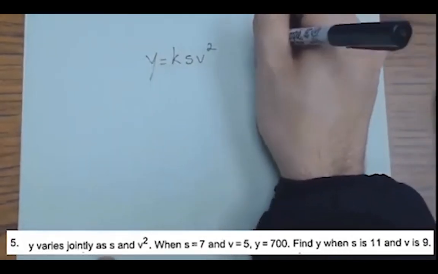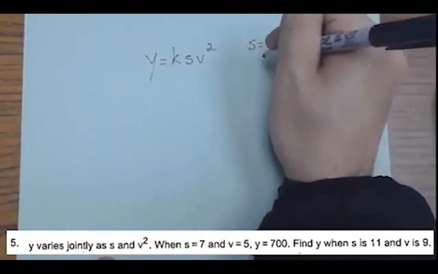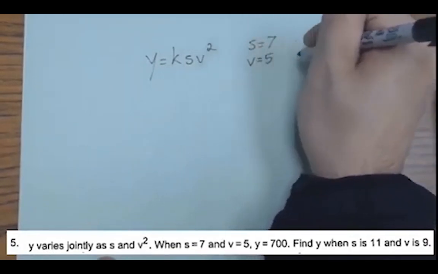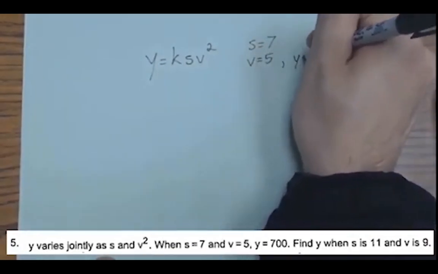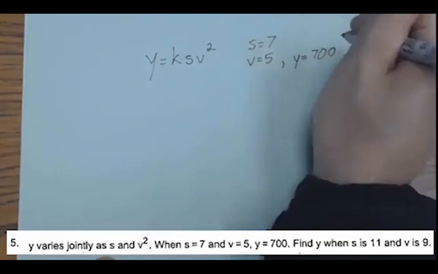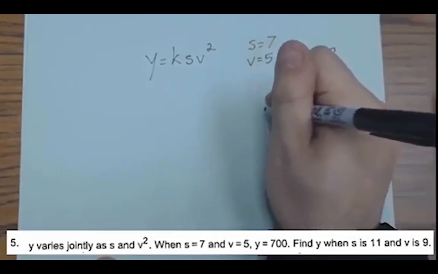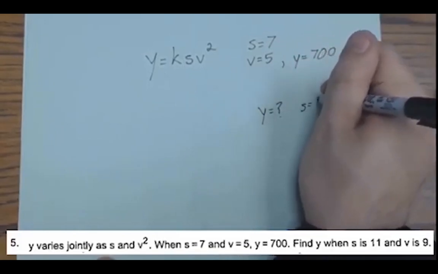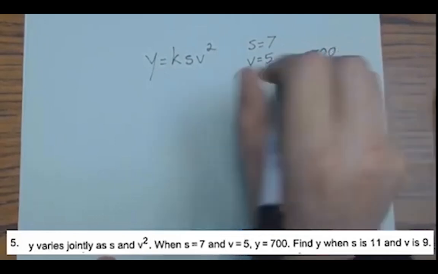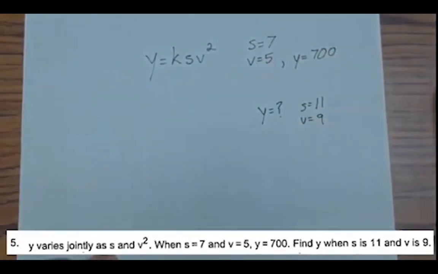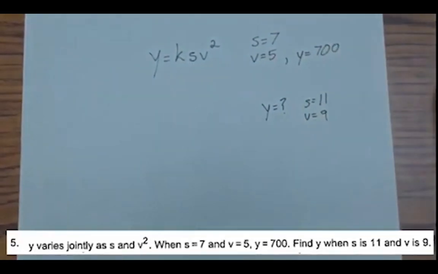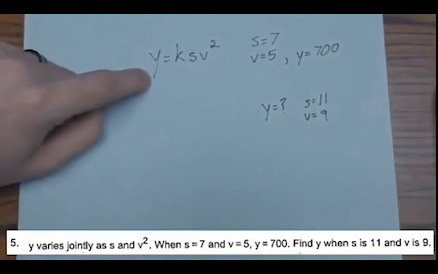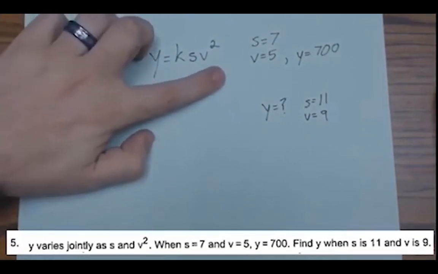So the numbers they give us, when s equals 7 and v equals 5, y equals 700. We're going to want to find y when s is 11 and v is 9. So for joint variation problems, they have to give us more information. Because if we're looking for one thing, they need to give us everything else.